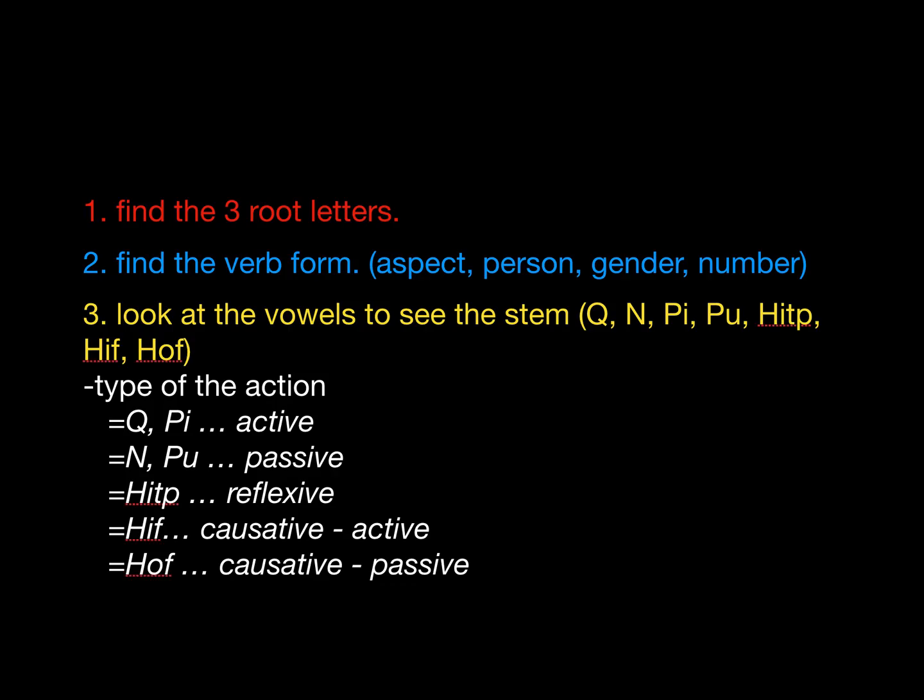The next thing that you need to look at are the vowels, and those vowels tell you what stem the verb is in. So the stems are kal, nifal, piel, pual, hitpael, hifil, hofal. Kal and piel are active, nifal and pual are passives, hitpael is reflexive, hifil is the causative active, and hofal is causative passive.